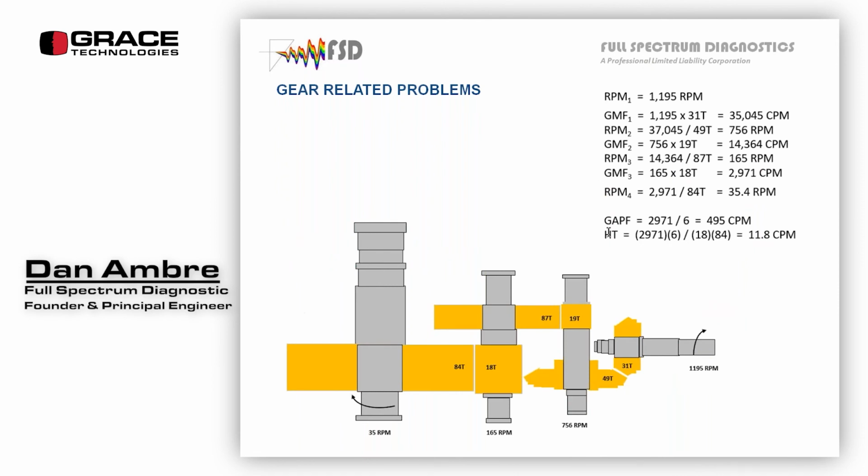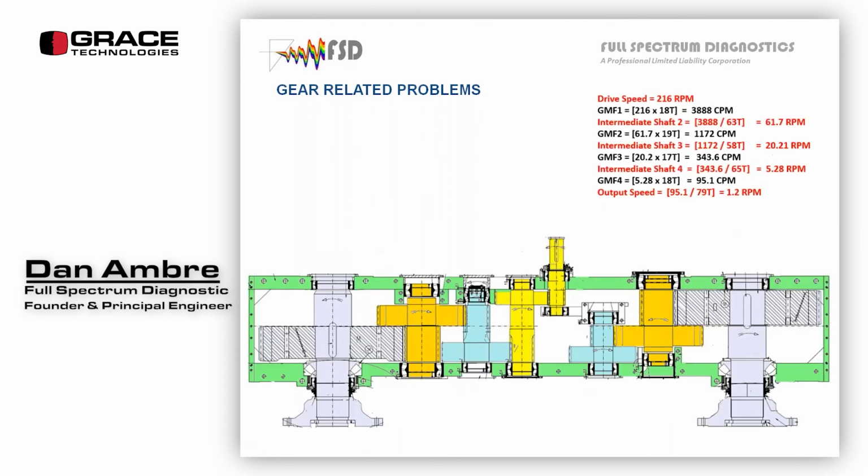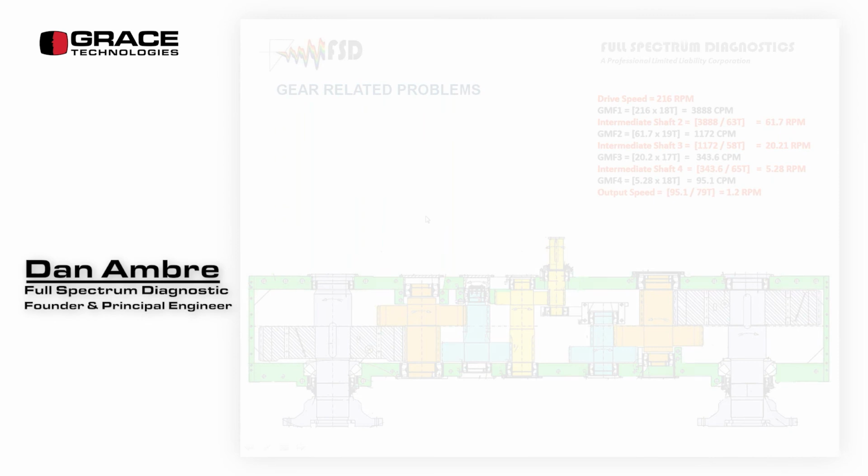This is the calculations for the gearbox that we started off with. This is a really complicated gearbox, but you walk through step by step and you can get yourself to the end. You just need to know the number of teeth on each gear and how they're mated.